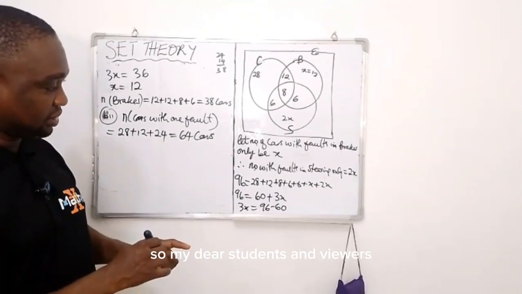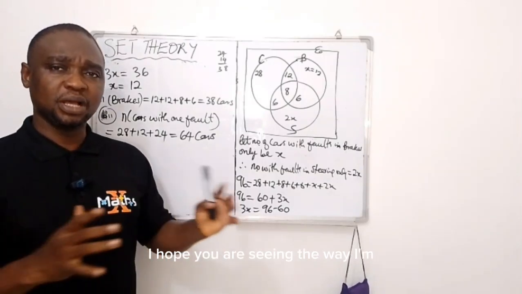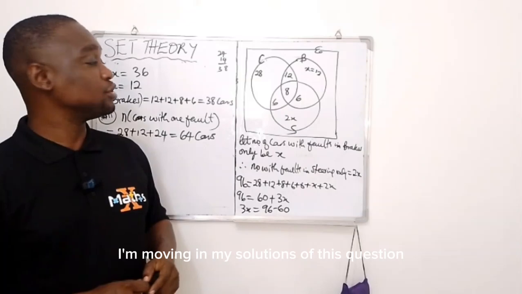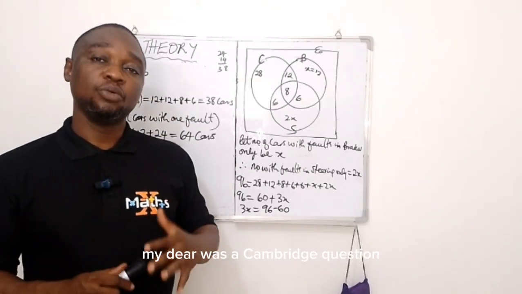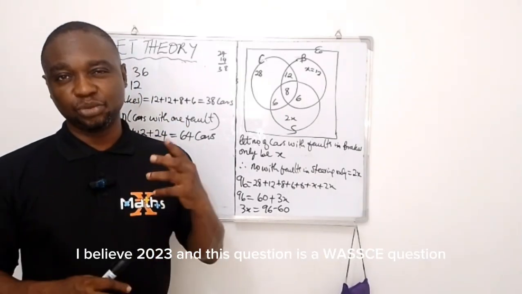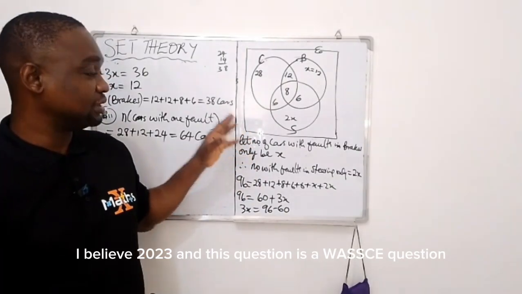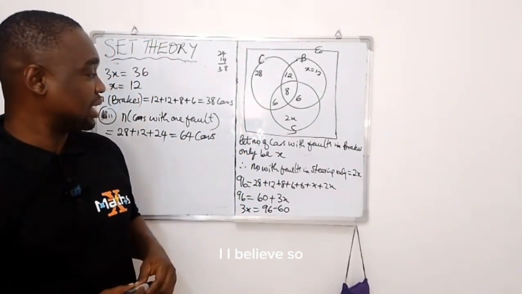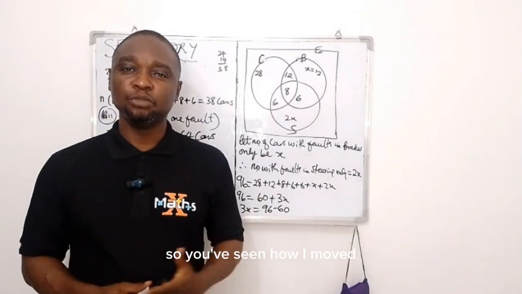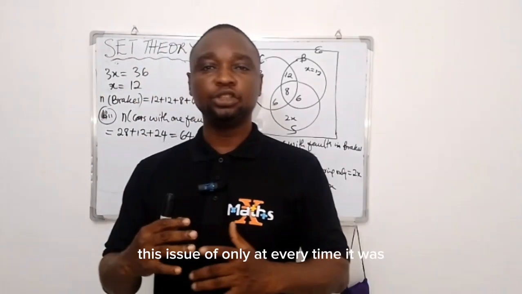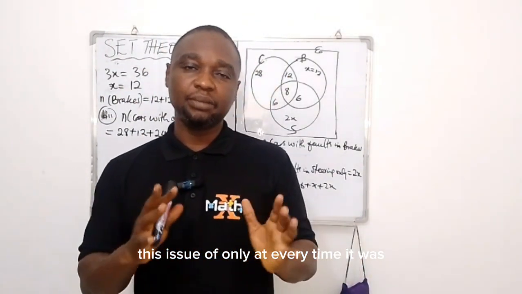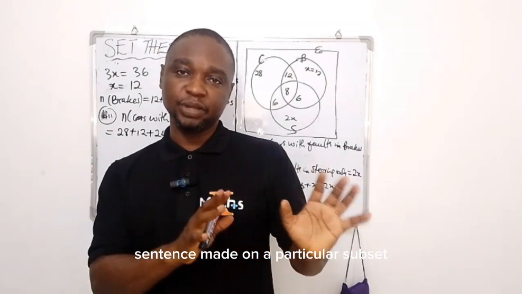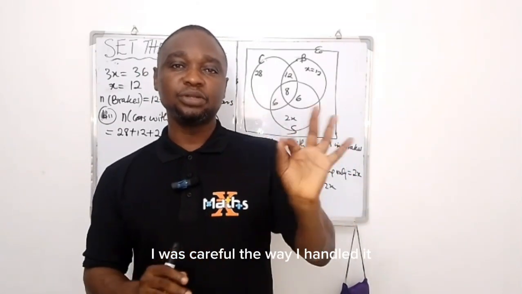So my dear students and viewers, I hope you are seeing the way I'm moving in my solutions of this question. The first question we did was a Cambridge question, I believe 2023, and this question is a WAEC question. This must be 2018. So you've seen how I moved. They talked about this issue of only. Every time that word only was used on a particular subset, I was careful in the way I handled it.